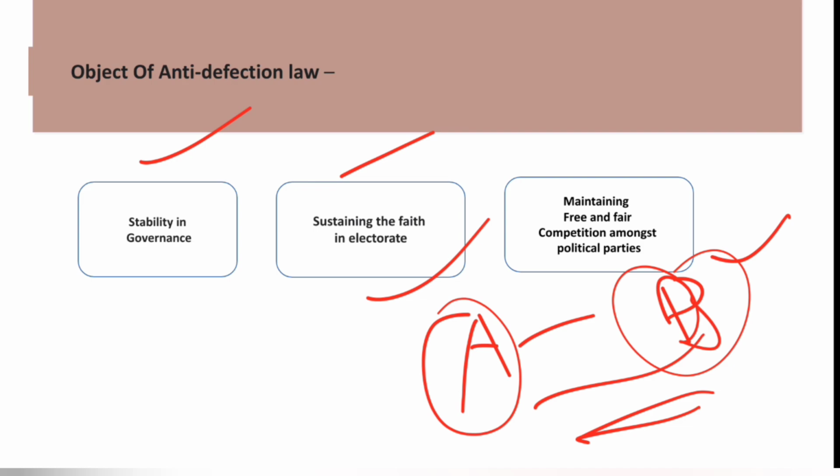In this scenario, this is not a fair competition, and that's why this law was also necessary, because ultimately a group of people attracting some people in another group is not a fair competition.